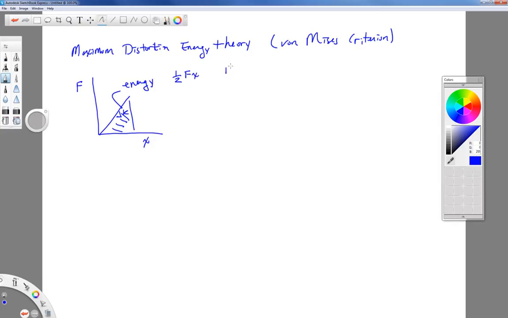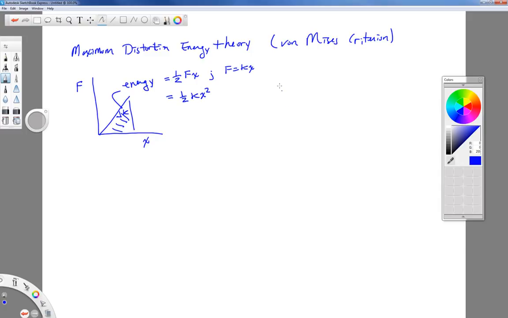But since F is equal to Kx, we can also write this energy term as 1/2 Kx squared. So we can write it in terms of all displacements if we want. If we want, we can write it in terms of all forces.